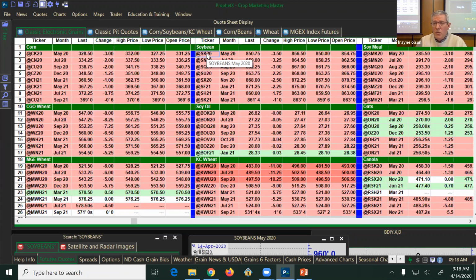I am going to use DTN Profit X to go through this. At the very end, I want to save a few minutes to show you that you can do all of these charting techniques on private websites. There's a couple that are free, and you can use these same charting techniques. I'm going to use DTN Profit X just because it's very flexible and I'm very familiar with it.